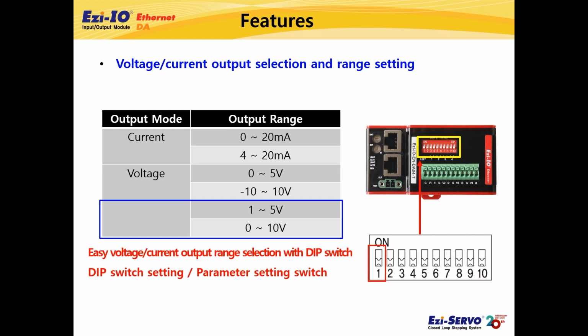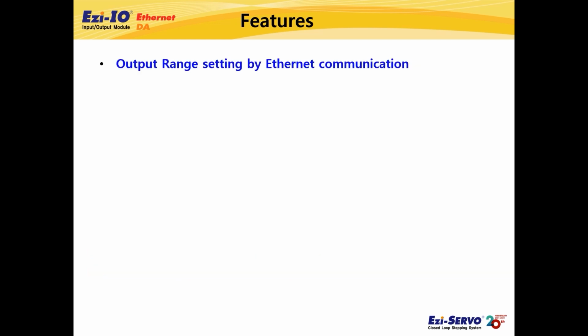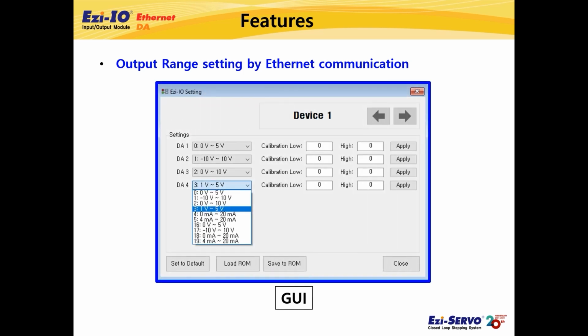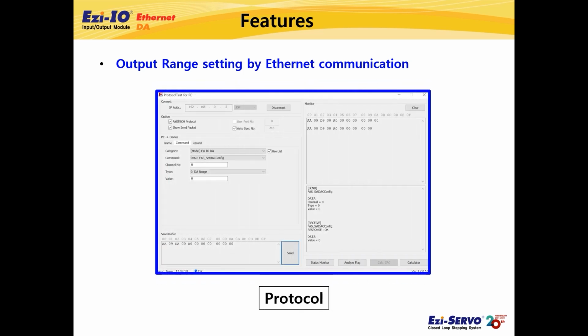To use Ethernet communication to set the range, set number 1 of the output range setting switch to off. When setting the output range through Ethernet communication mentioned earlier, you can use the GUI program or the protocol, which can be downloaded from FASTECH website.